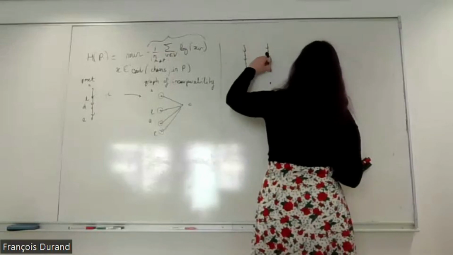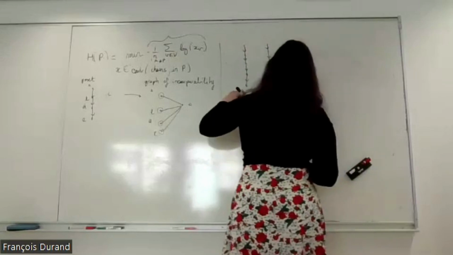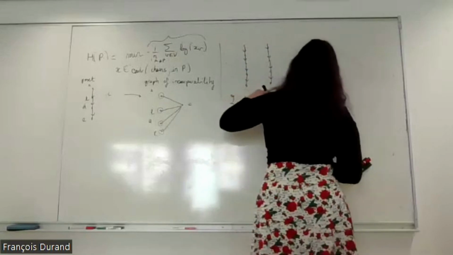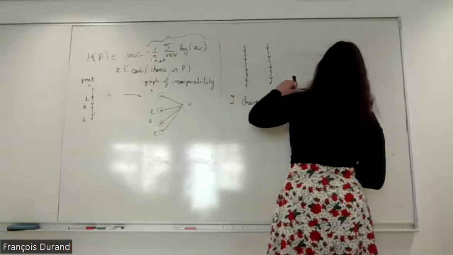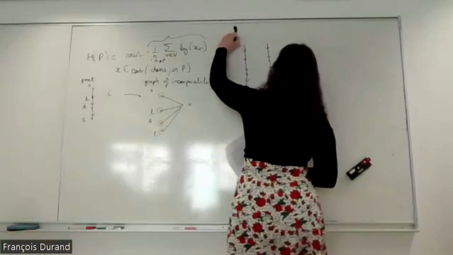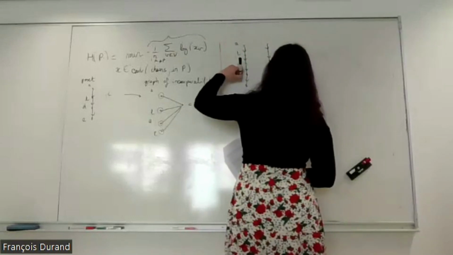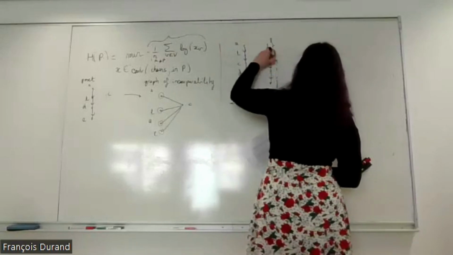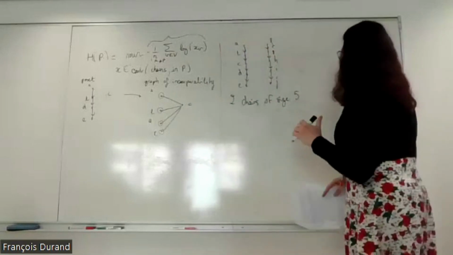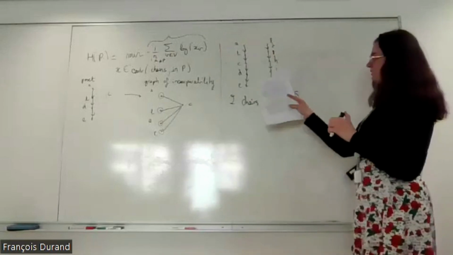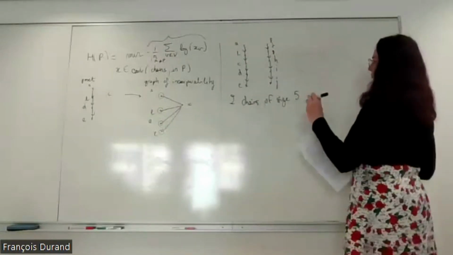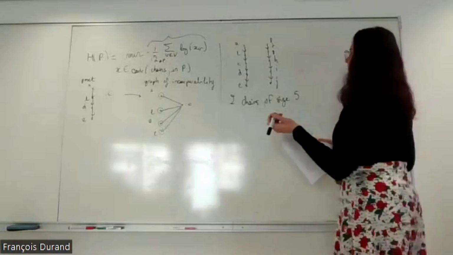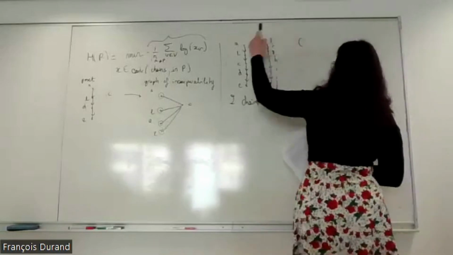So we have two chains of size 5. So here A, B, C, D, 5. Okay, so these chains here will be represented as a vector like so.